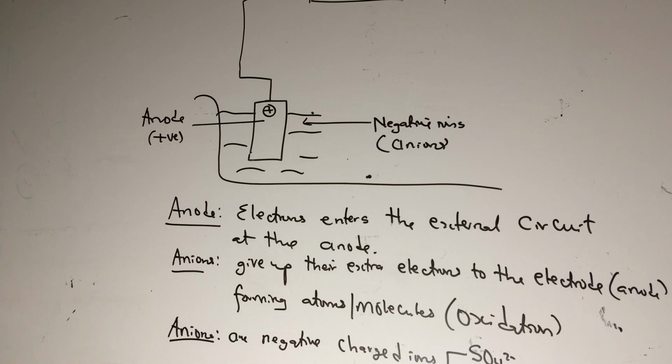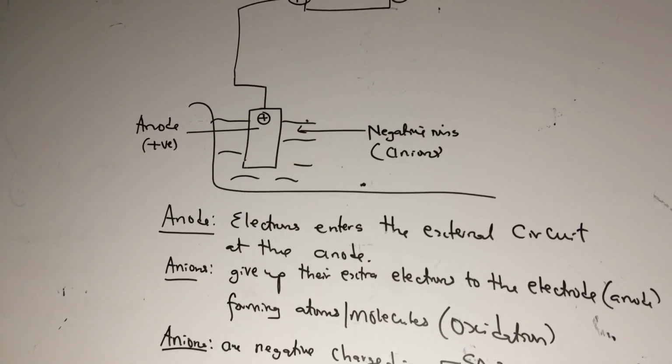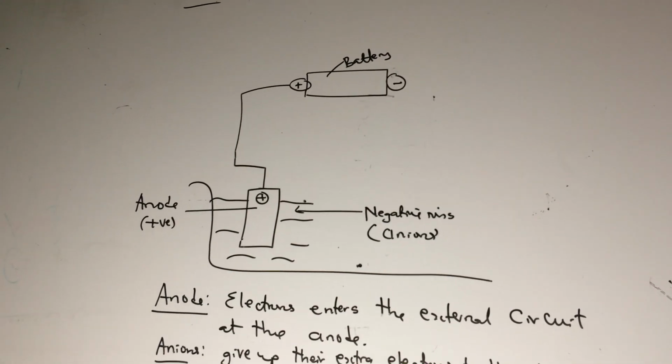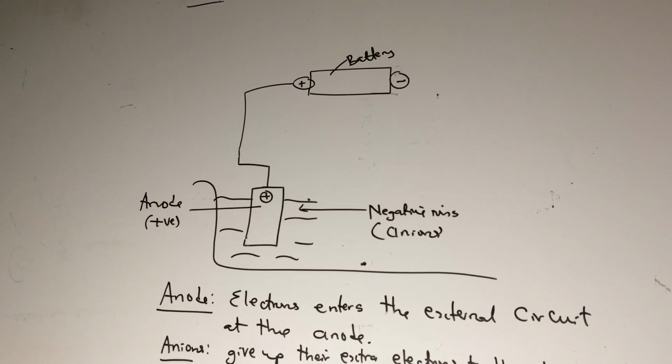Looking at the half cell diagram I've drawn, the battery is there, and you have the anode. The first thing you must know is that negative ions, known as anions, always get attracted to the anode because they are of opposite charge, and the electron enters the external circuit at the anode, right?